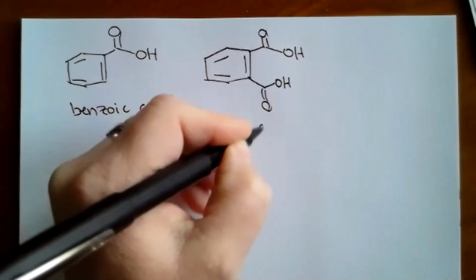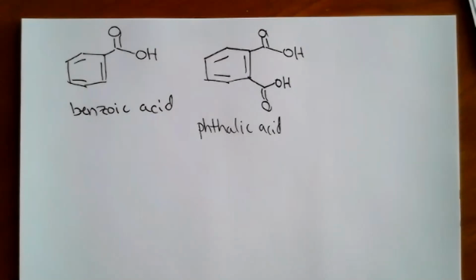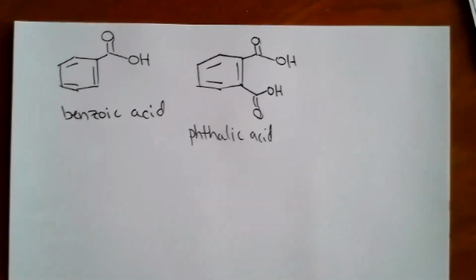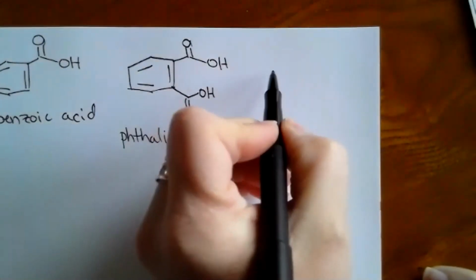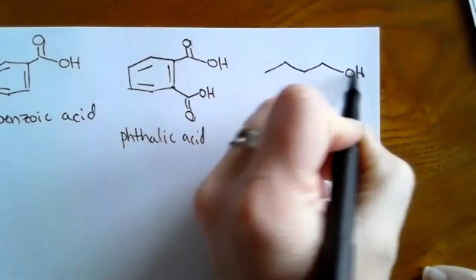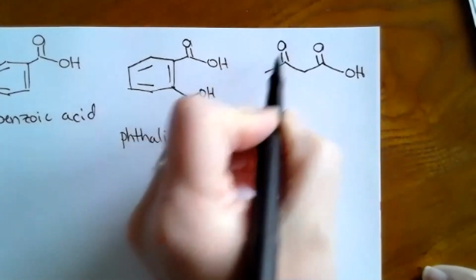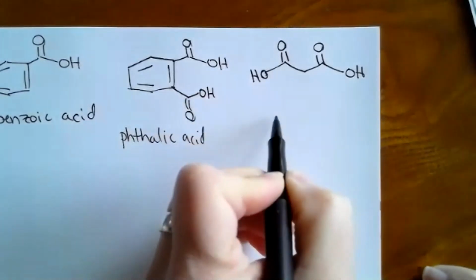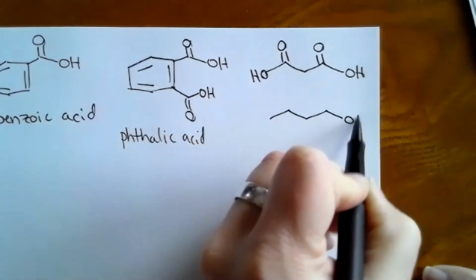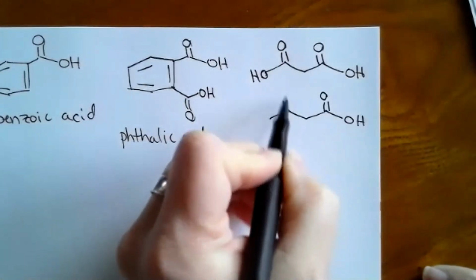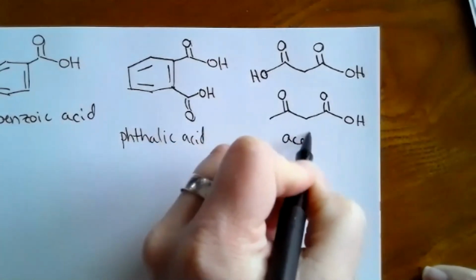Hopefully that word ortho is familiar to you. Malonic acid and acetoacetic acid have a bunch of stars beside them. They are very important in reactions we will learn in chapter 18. So they're not super important right now.